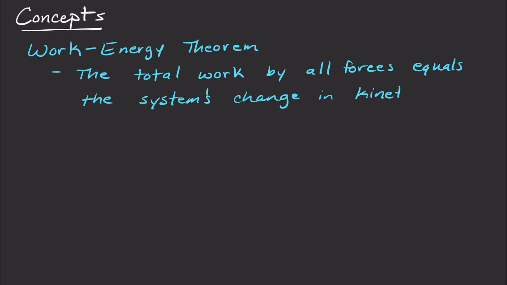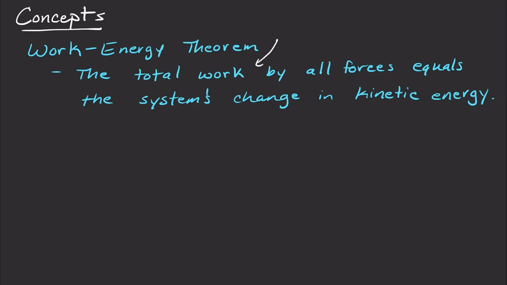This doesn't mean that one force is going to equal the change in kinetic energy, but if you sum up the work done by all forces, then you will get the total change in kinetic energy.